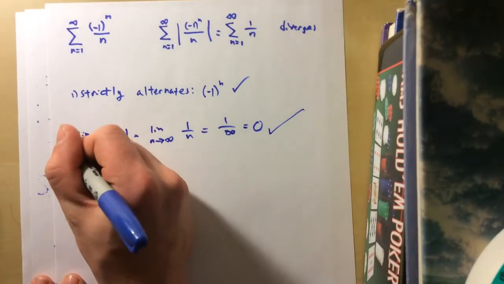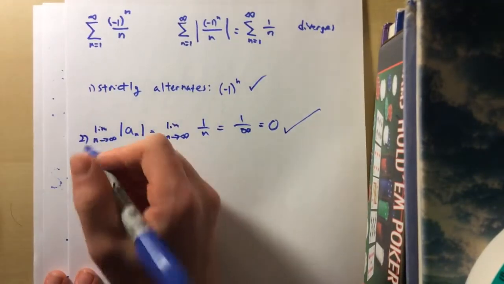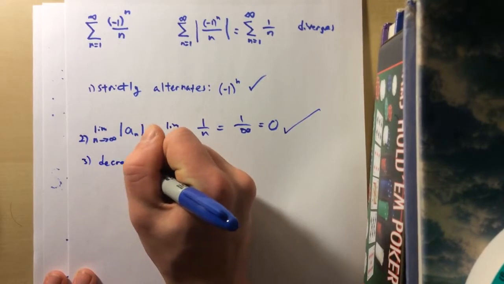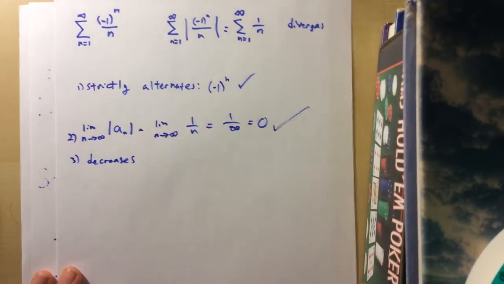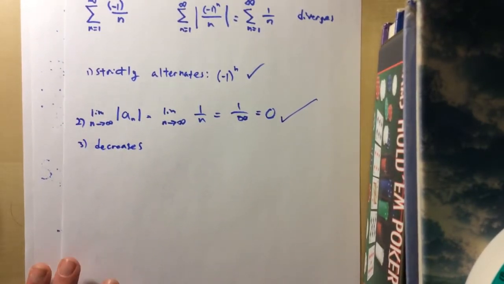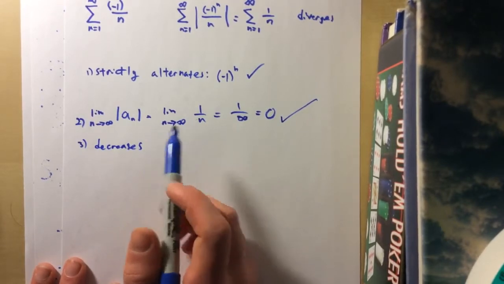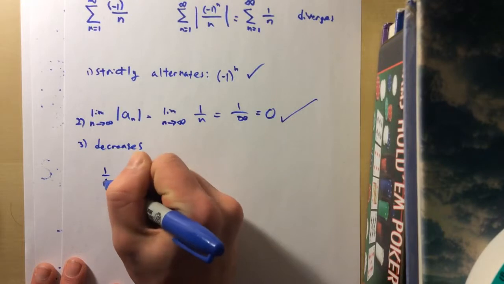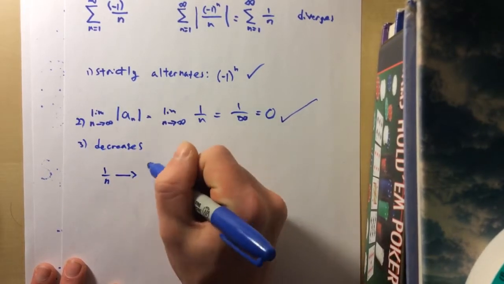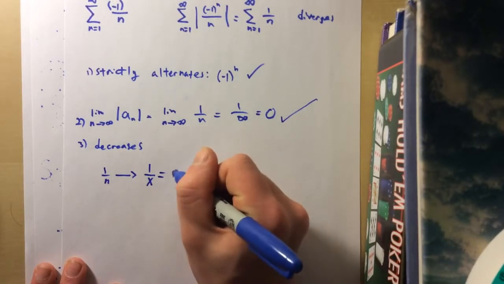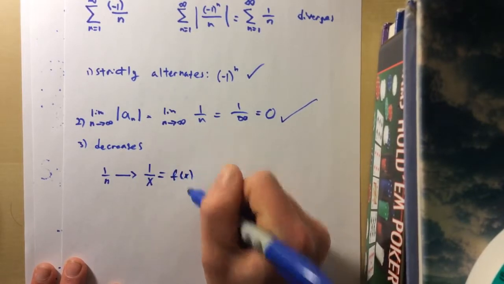And the last thing is that our a sub n needs to be decreasing. And to do that, we rewrite a sub n as a function. So instead of 1 over n, we'll write that as 1 over x, and we'll set that equal to f of x.